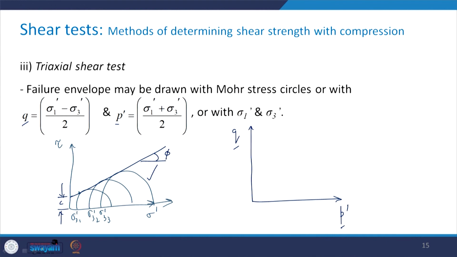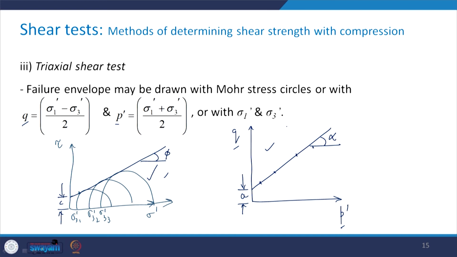Corresponding to each of these you will get these points, then you try to fit a straight line here. Now, say that this intercept is A and this angle is alpha. If you compare these two, both are the same data representation.